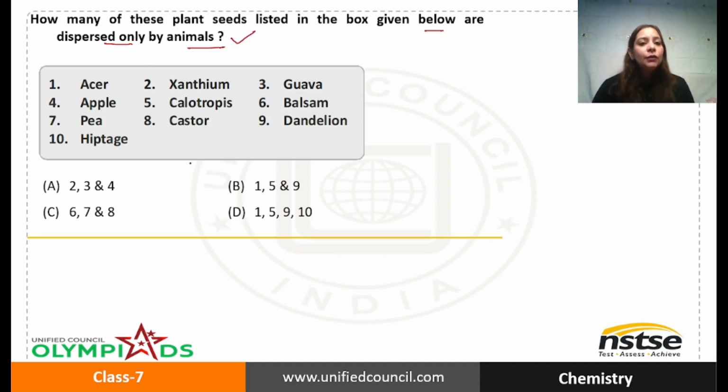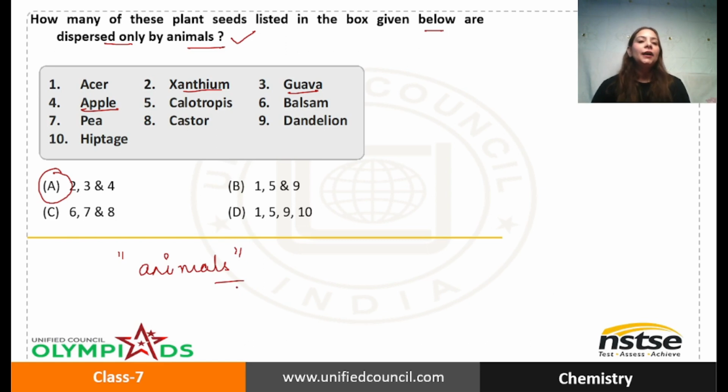When you get questions like this, you need to be well versed with all the examples, because only if you learn all the examples will you be able to attempt this kind of question. So here the correct answer is option A, that is xanthium, guava and apple. These are the plant seeds which are dispersed only and only by animals.